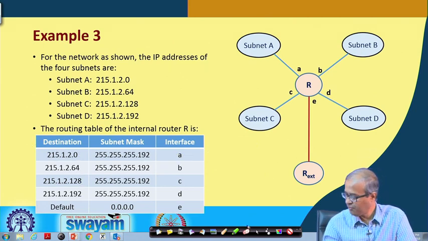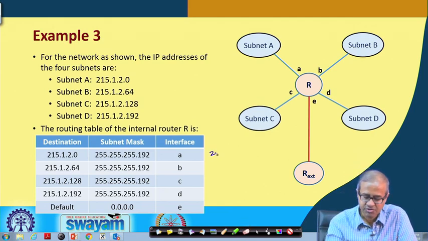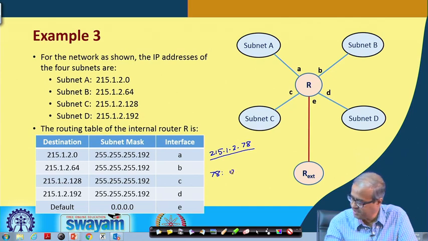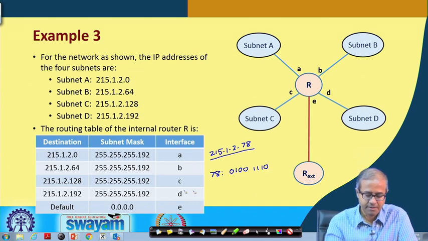Let us look at the second packet now. The second packet had the address 215.1.2.78. Now, what is 78 in binary? 78 in binary is 0 1 0 0 1 1 1 0. If you do a bit by bit ANDing with the mask, again 192 is this, you see this second bit will be 1 and 1, and all the rest will be zeros.